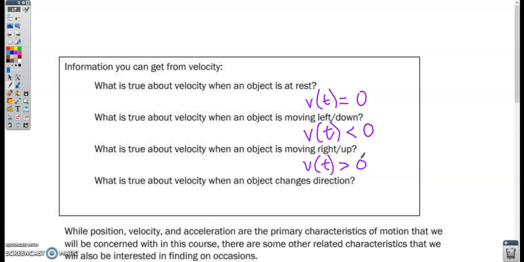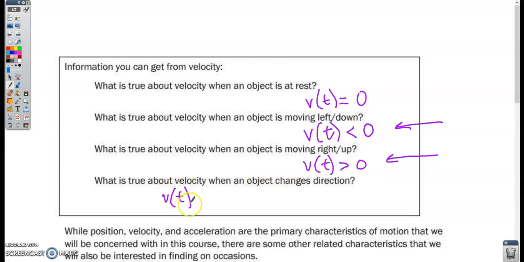Last question here. What's true about velocity when an object changes direction? When it's moving left, the velocity is negative. When it's moving right, the velocity is positive. When it's moving down, the velocity is negative. When it's moving up, the velocity is positive. In any of these situations, when the object changes direction, that means that this velocity has to change sign.